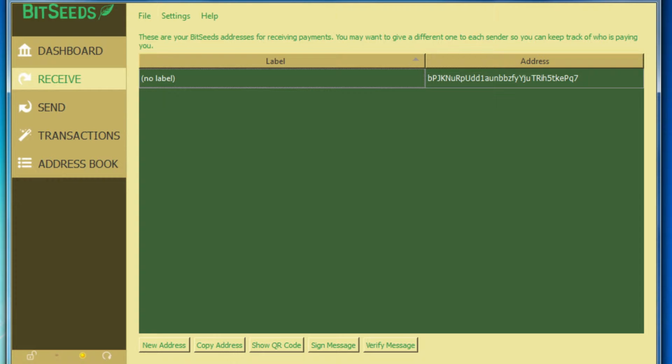But the basic concept here is that there's two main benefits to this. And one benefit is that the more you create different addresses and label it clearly to say that this is, say, John Smith sending you funds, or the Rainforest Foundation sending you some from a drawing, for example, the more clearly you do that and you label it, then you can look at your transaction history and you know exactly, for bookkeeping purposes, where these funds came from.